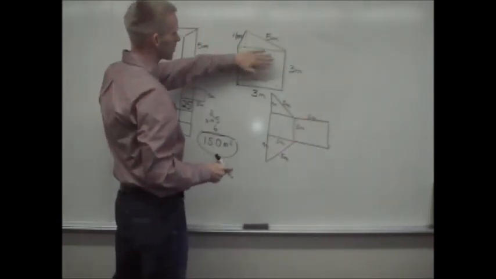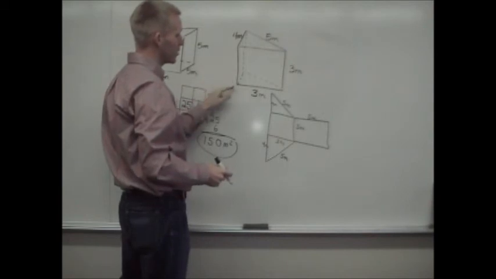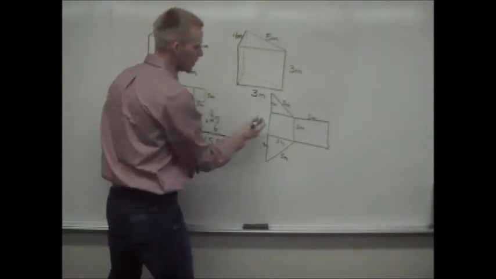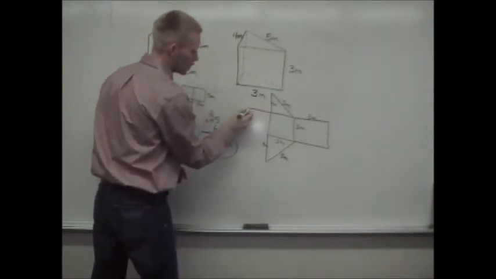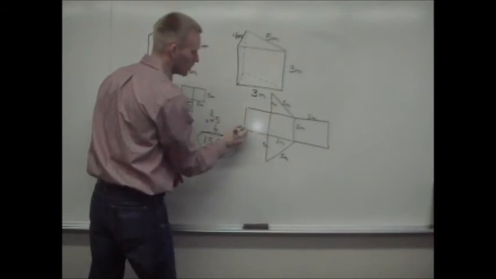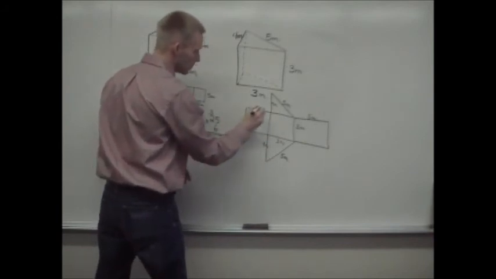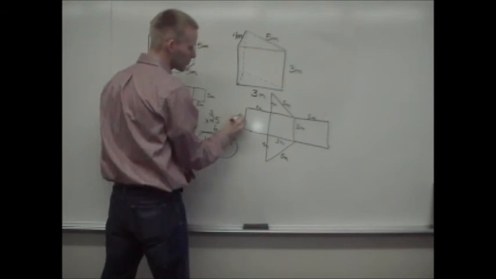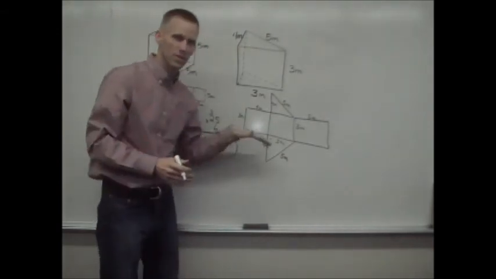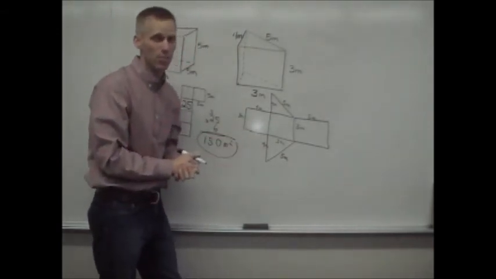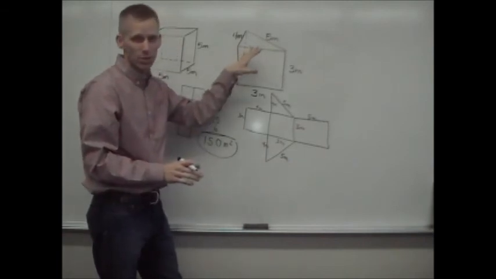And that front is connected also to this side, which is going to be a 4 by 3. So we've got ourselves a net, a 2-dimensional representation of this 3-dimensional shape.